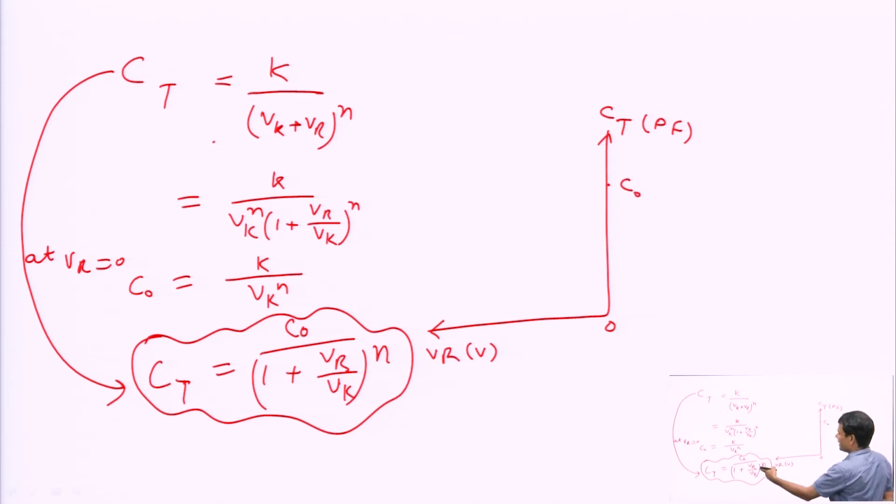As reverse voltage tends to infinity, the transition capacitance tends to 0. This is the graph of transition capacitance.